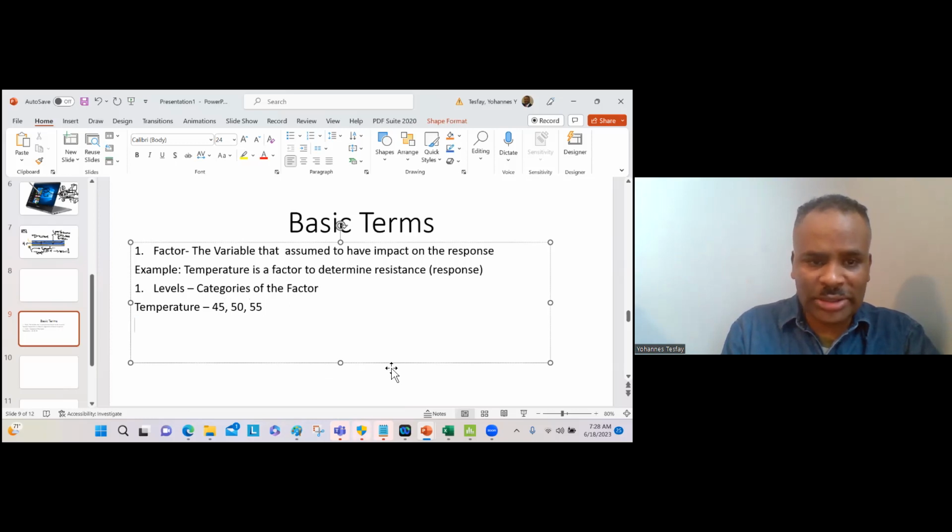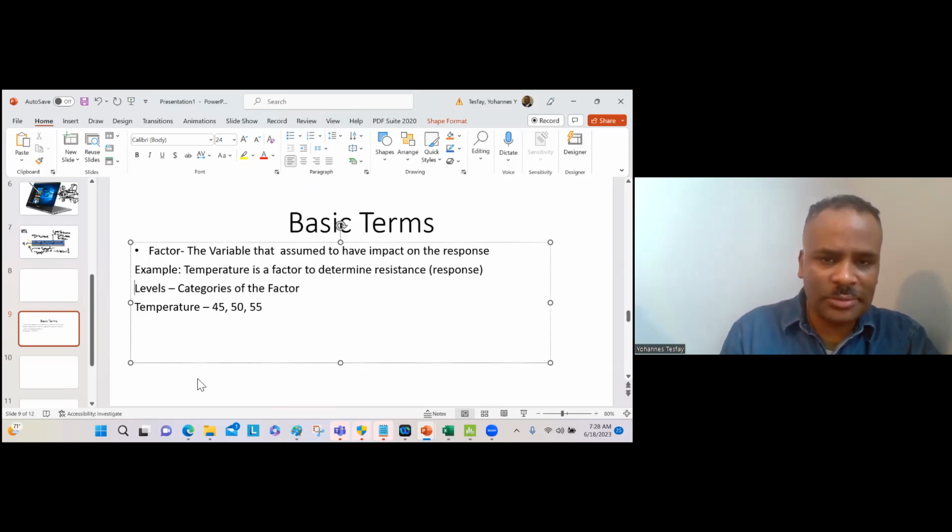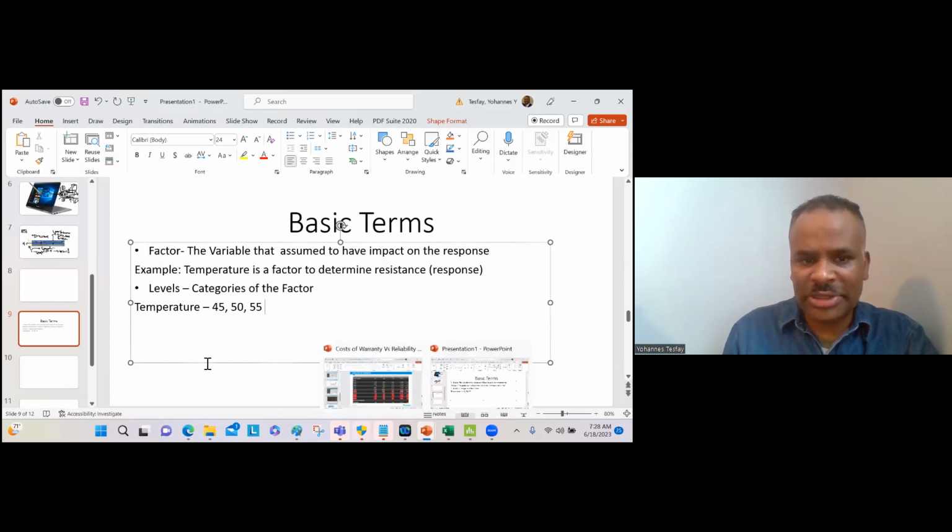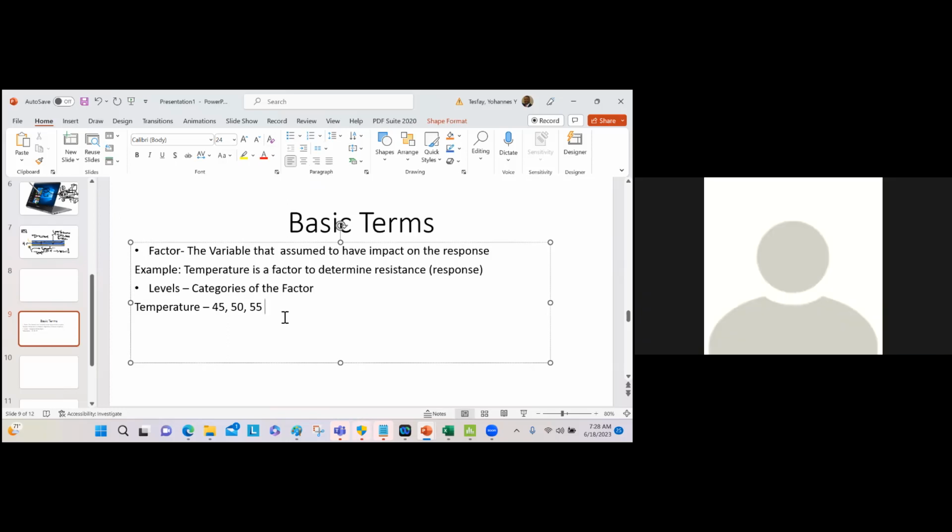So right here, what will the level of the temperature be? What is the level of temperature here? 3, yeah.